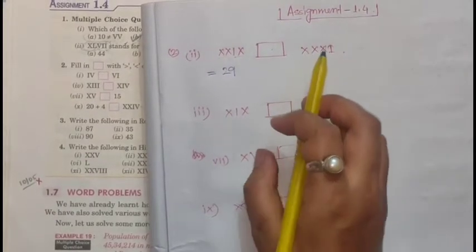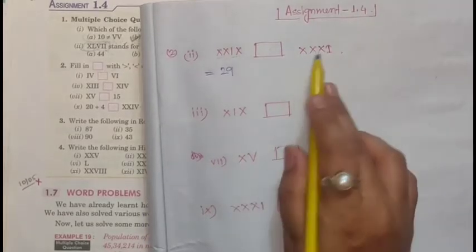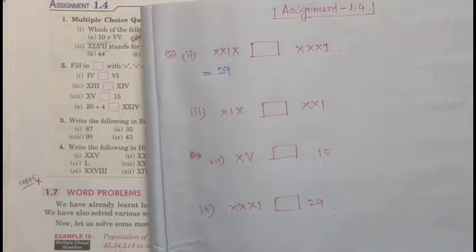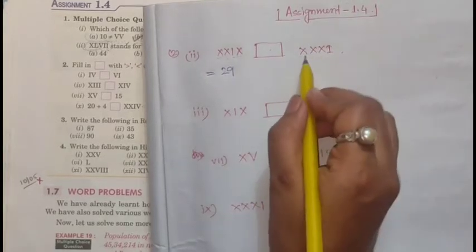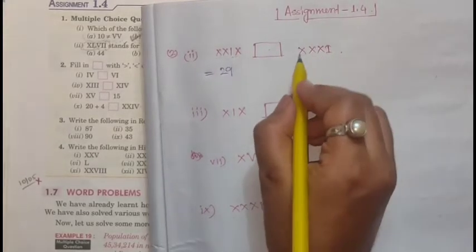That means, when any Roman numeral is repeated at most 3 times, then we need to add the value. How many times it is repeated, we will add the value that many times. So a Roman numeral can be repeated at most 3 times, or fewer, but at most 3 times, then we will add the value.